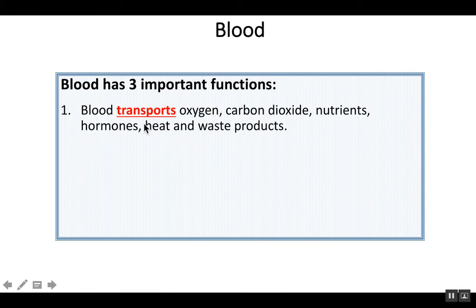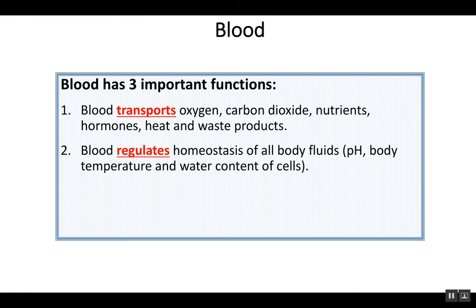Heat is distributed throughout the body within blood, and blood helps remove heat. And then finally, blood transports waste products from their sites of production to organs that can eliminate the waste, such as kidneys.